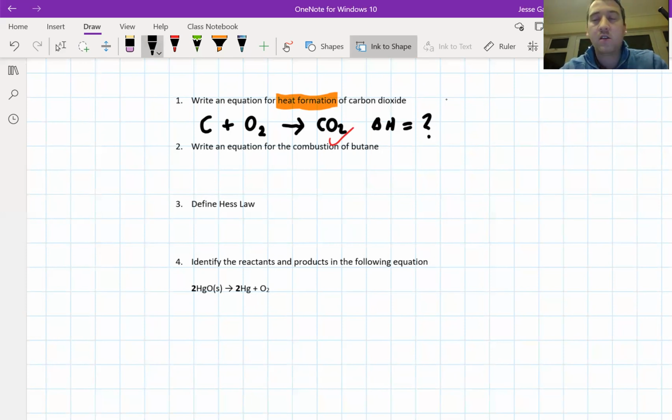So the definition for heat of combustion is the energy change when 1 mole of a substance, so make sure it's 1 mole of the substance being burned, remember, this is combustion, is burned completely in excess oxygen to produce carbon dioxide and water vapor. So make sure you've got oxygen, and then you've got carbon dioxide and water vapor being produced. If you didn't already have that, pause the video, do it now.